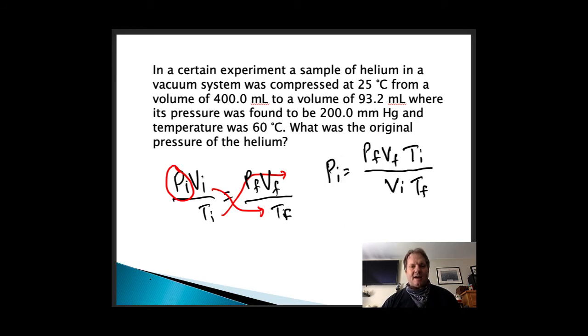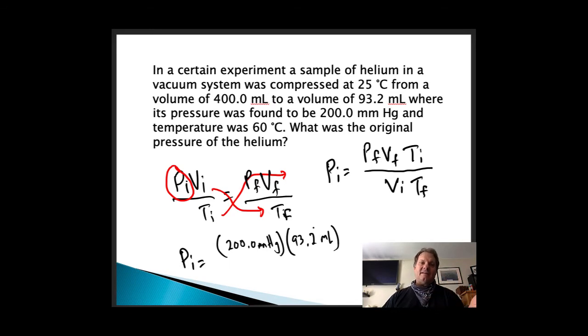So my PI equals final pressure times final volume. And of note, I can use milliliters in the combined gas law. In the ideal gas law, PV equals nRT, your volume has to be converted to liters. That's not the case here.